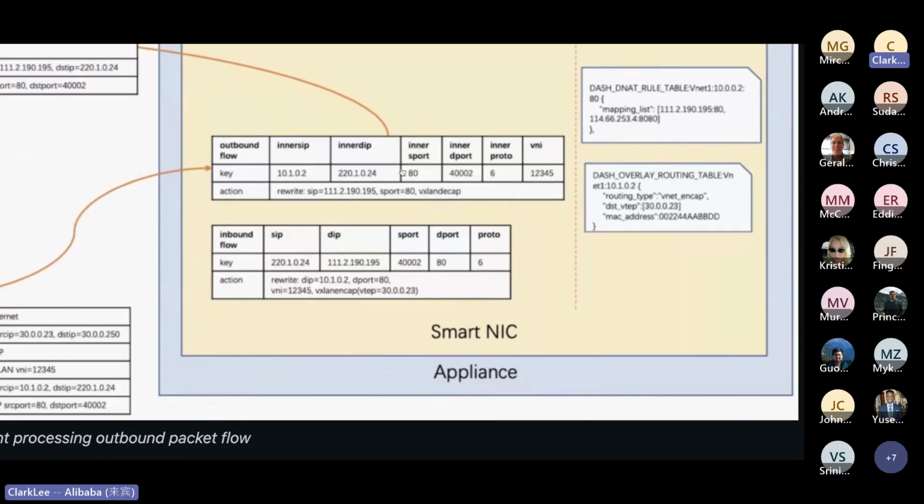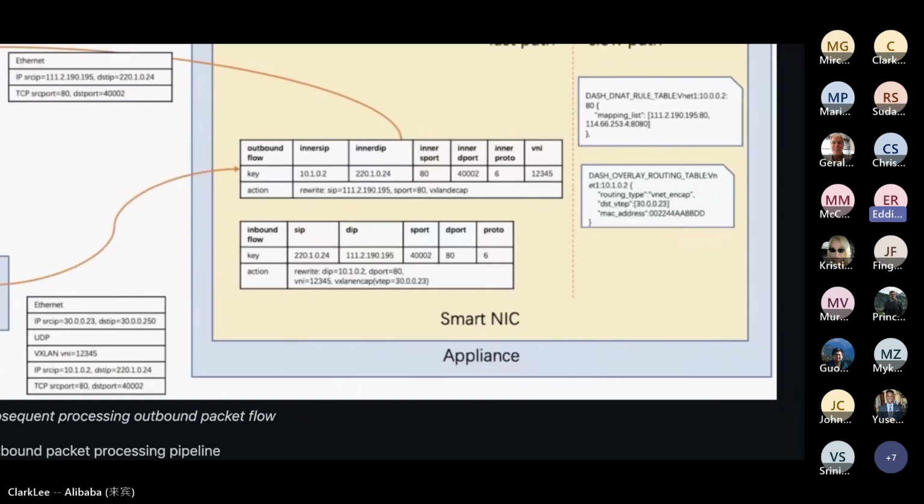Let me check it. Basically, this is from the VM to the public side. So VNI is used to identify which service or what tenant. Yes, the IP address might be the same. So that's why you have to have the VNI, because this is the inner IP. The inner IP is basically the tenant IP.